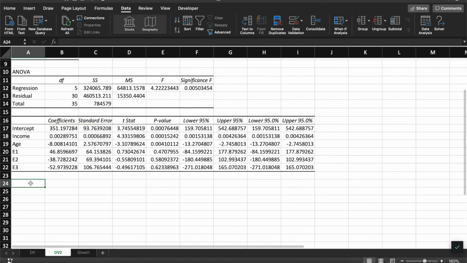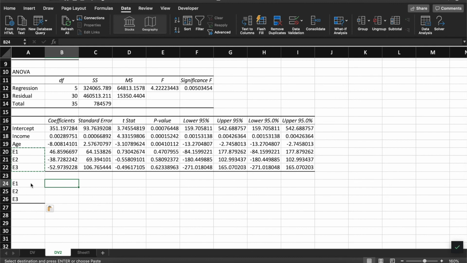So even though we see E1, E2, E3 as these numbers here, the way we should read this table is E1 is equal to 0, E2 is equal to 0, E3 is equal to 0. Okay.